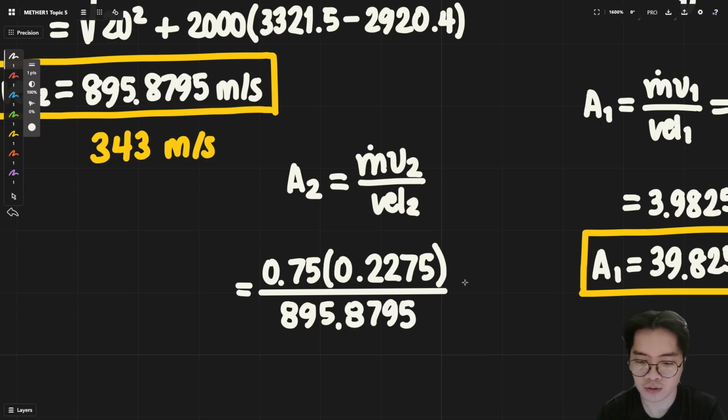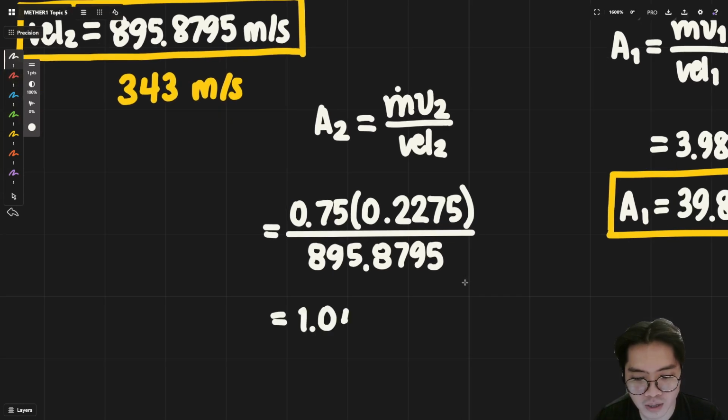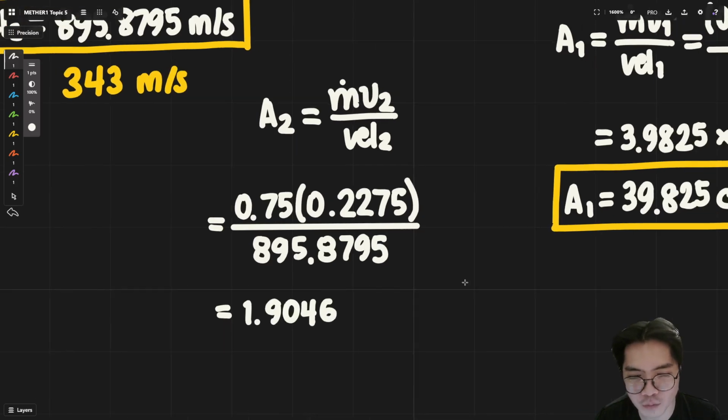So what we will do is 0.75 times 0.2275, then over 895.8795. Our answer in here is going to be 1.9046 times 10 raised to negative 4.